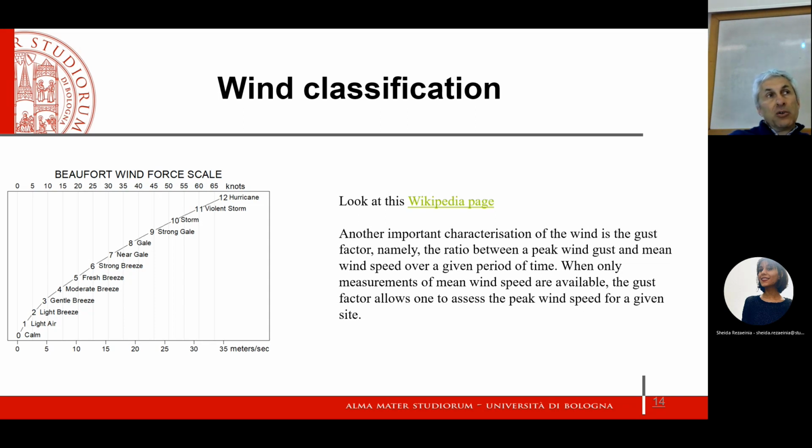So a knot is about 1.8 kilometers per hour, which means in terms of meters per second, a knot is about 0.5 meters per second. Just try to get this with the units. You have to get used to it, because the knot is a unit that in nautics is still largely used.